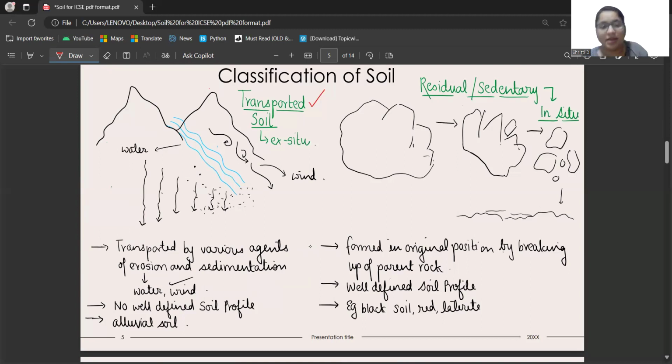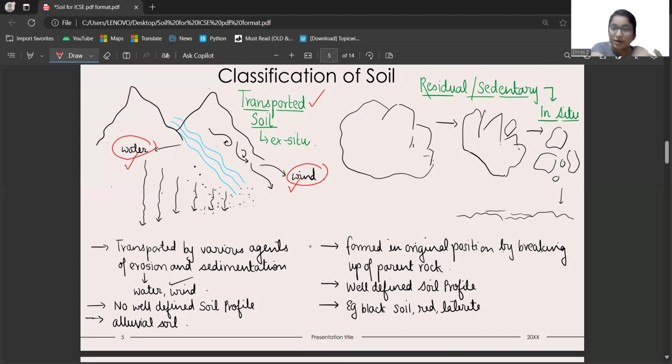And how is it transported? Either पानी तो लेके आएगा या wind, हवा. Okay, so either water or wind is going to make that soil come from a very higher part in the mountains right down where to the plains मतलब जहाँ flat land होता है. Okay, and this is done by water and wind. इसे कहते हैं transported soil.